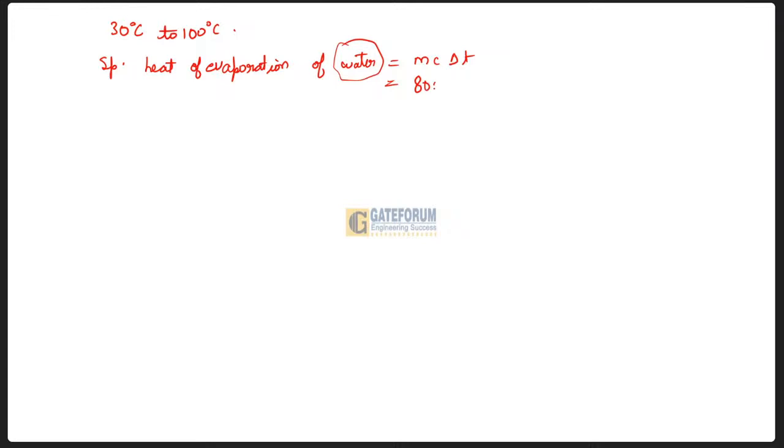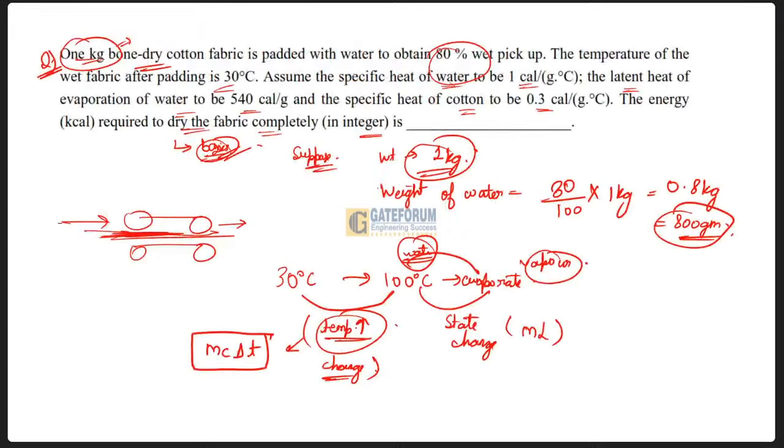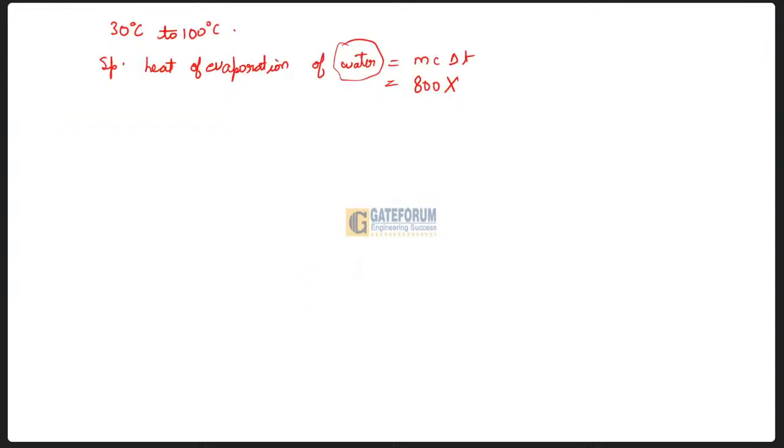So 800 we are keeping in gram, and C is the specific heat of water, 1 calorie per gram per degree Celsius. We need to take care of the units as well. So 1 calorie per gram per degree Celsius, and delta T is the temperature difference, 100 minus 30.